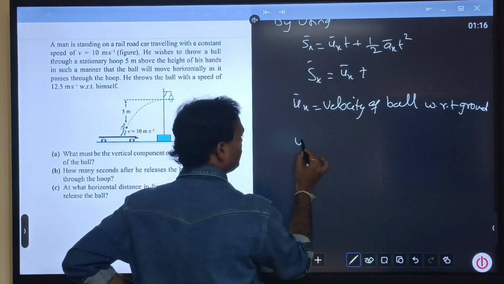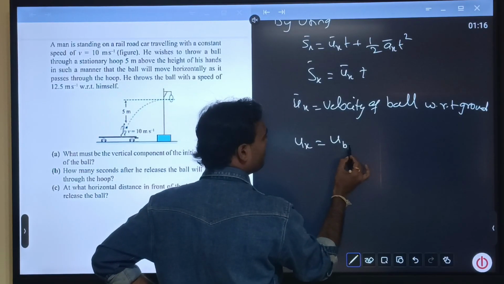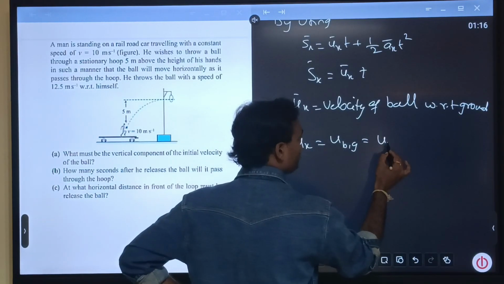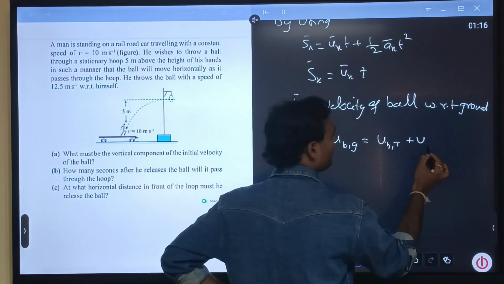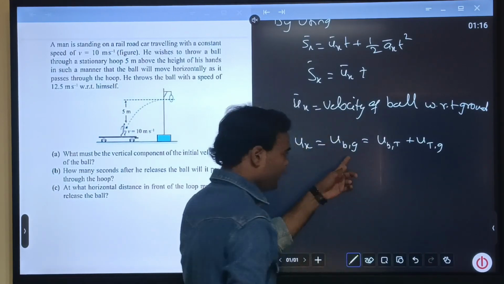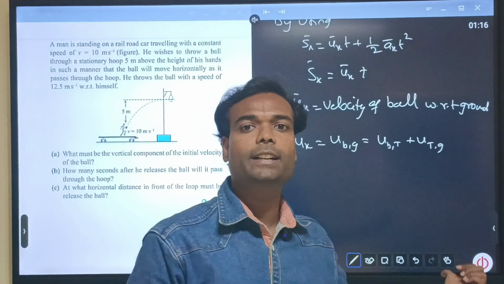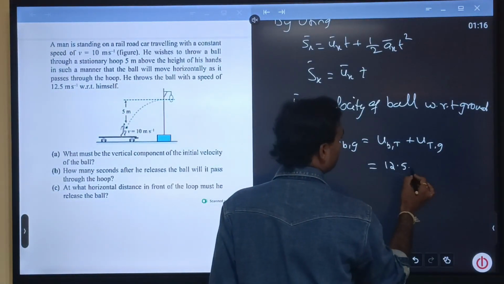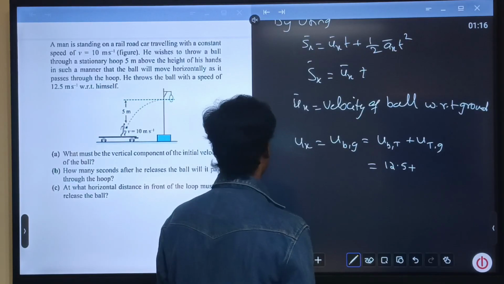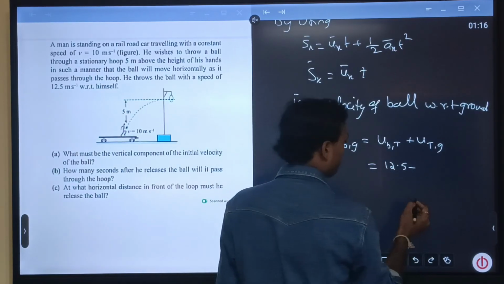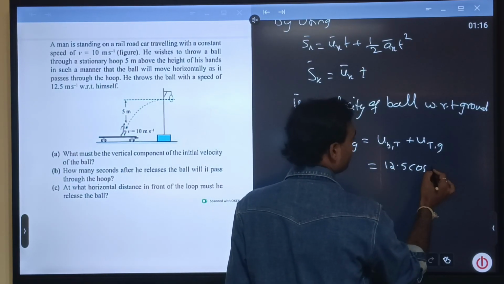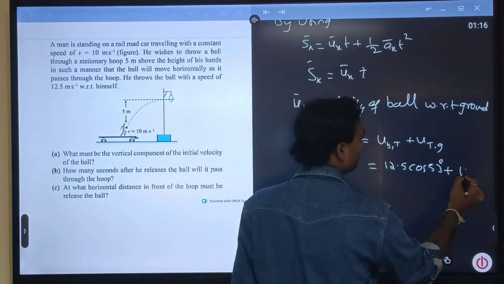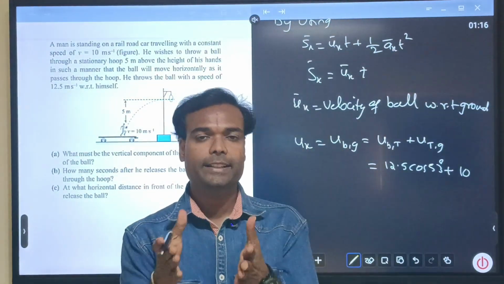Then, first of all let us find what ux is. ux is the velocity of the ball with respect to ground, which is the velocity of ball with respect to trolley plus velocity of trolley with respect to ground. This is what I explained in the concept, right? Then which is equals to 12.5 cos 53 plus the velocity of trolley with respect to ground, which is 10.